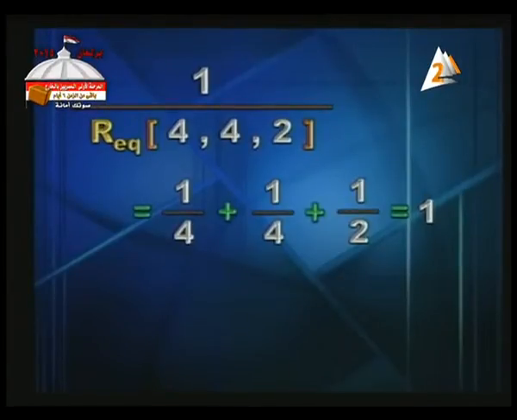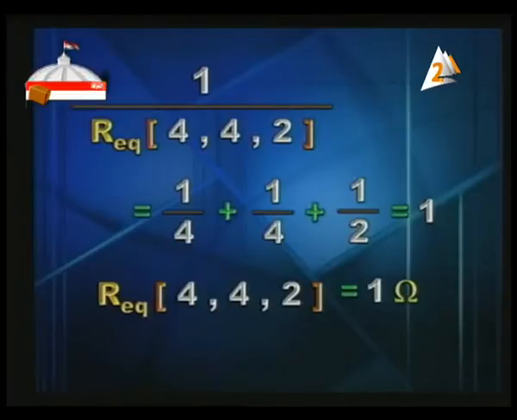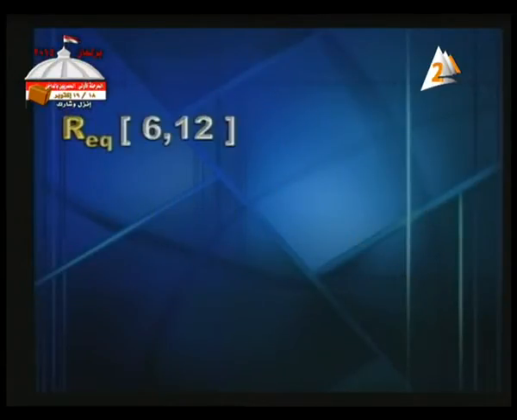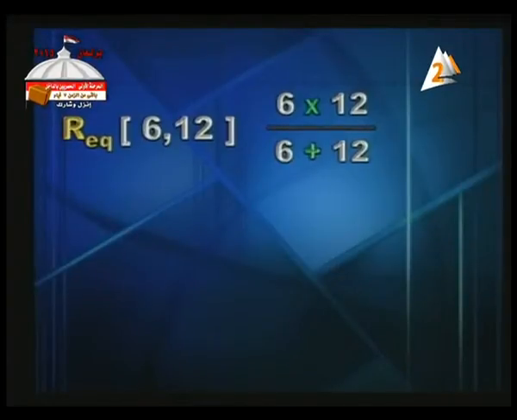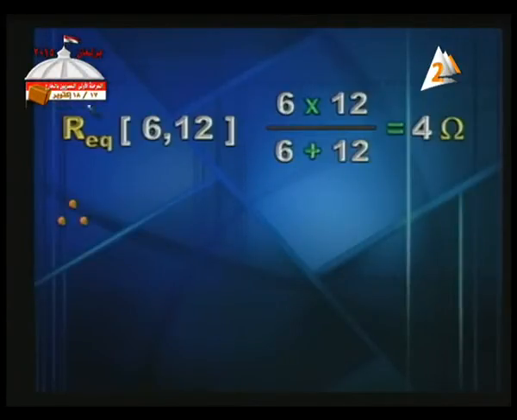So R equivalent of 4, 4, 2, which are connected in parallel, is equal to 1. And what about the other parallel group, which consists of 6 and 12? Product over the sum, 6 times 12 over 6 plus 12, it is 4 ohms.